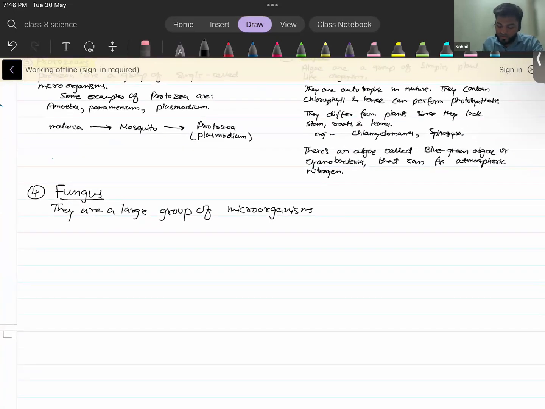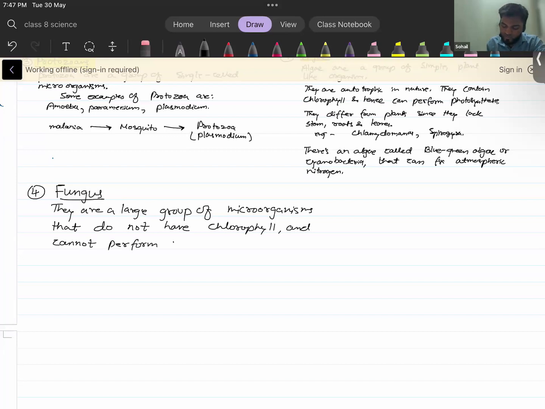So they are a large group of organisms that do not have chlorophyll, and hence they won't be able to do what? Photosynthesis. They cannot perform photosynthesis. And what is their food?